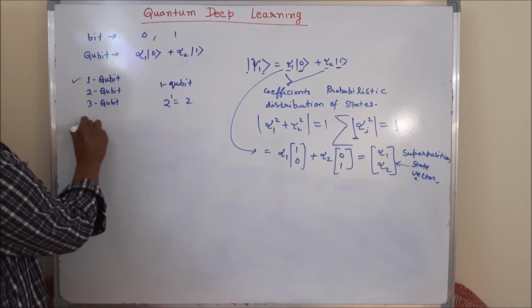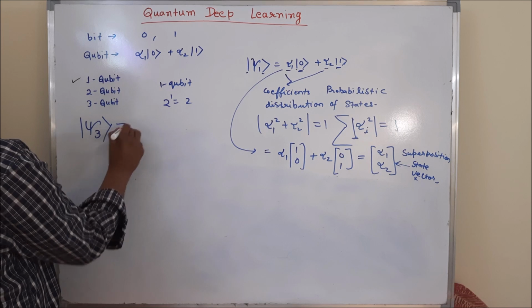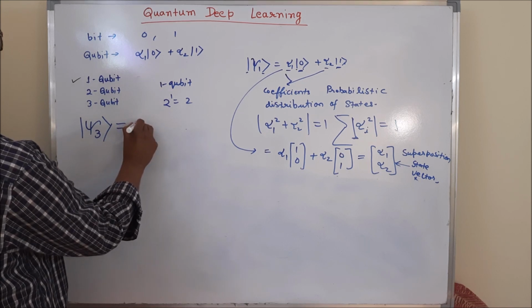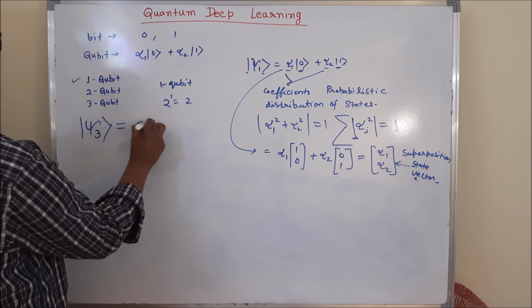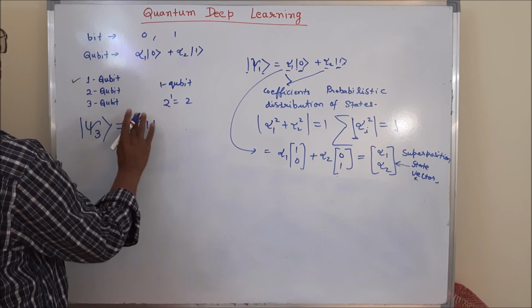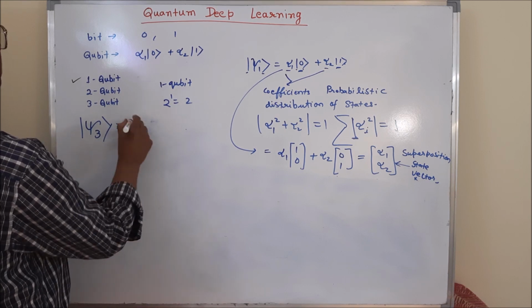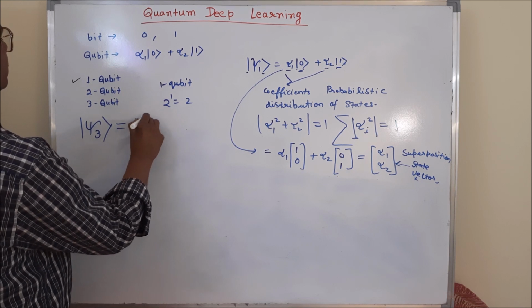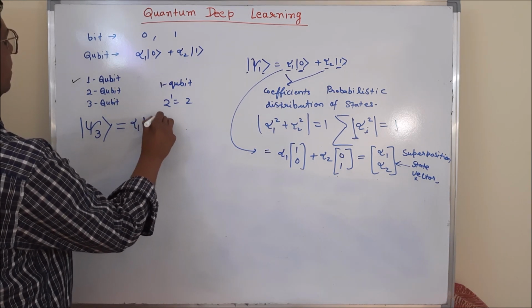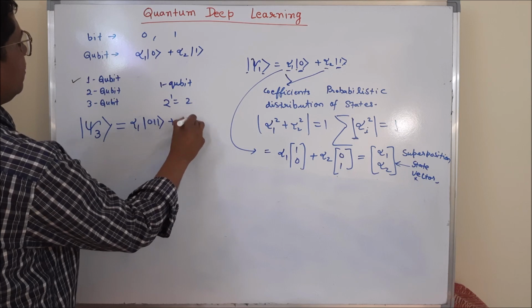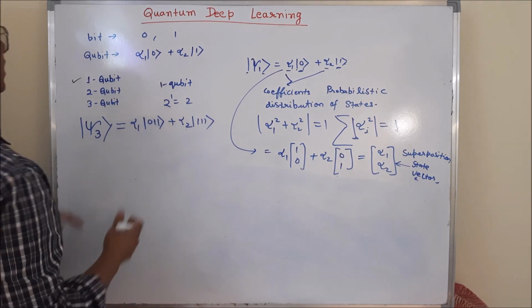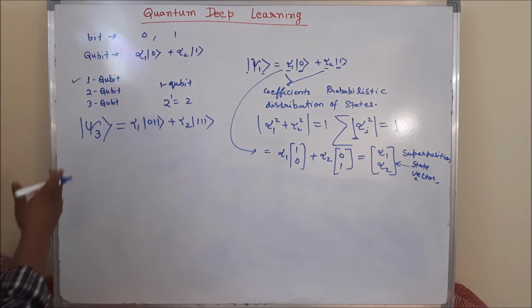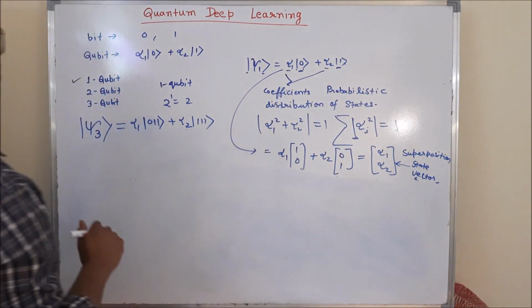Suppose we get alpha 1 011 plus alpha 2 111, we get this. Now how will we get the superposition state vector?